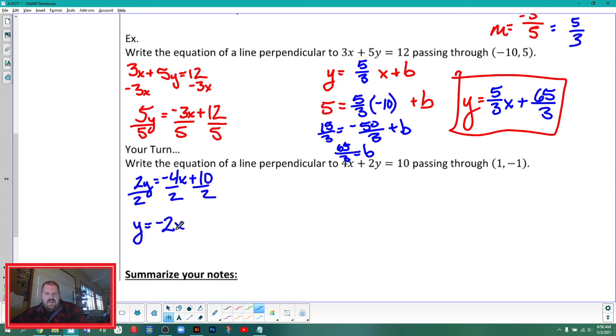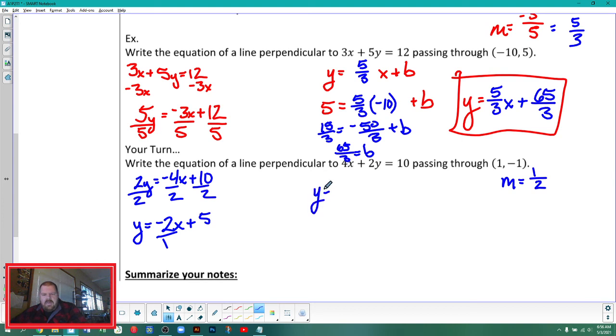Maybe this will help if I actually write it out first. I don't think it will, but it might. And then my new slope, I want to flip over negative 2 and flip the sign. So my new slope is going to be 1/2, right? Because I took negative 2 over 1, flipped it over, and changed the sign.